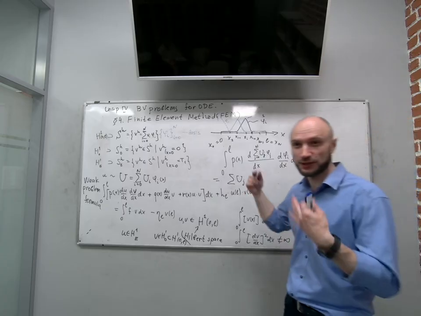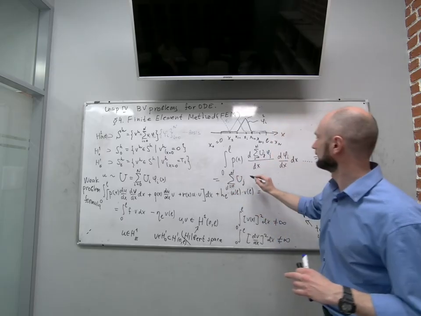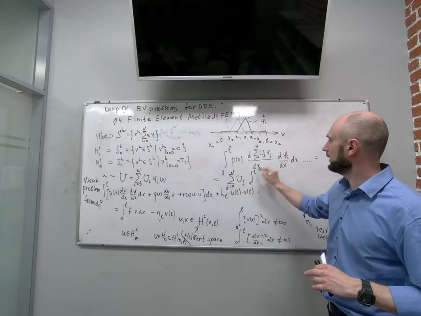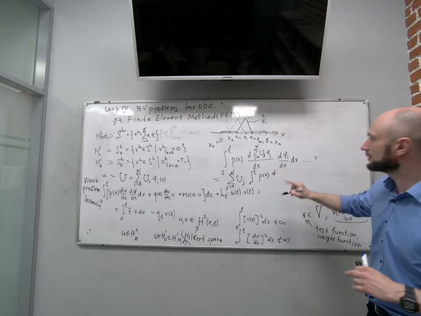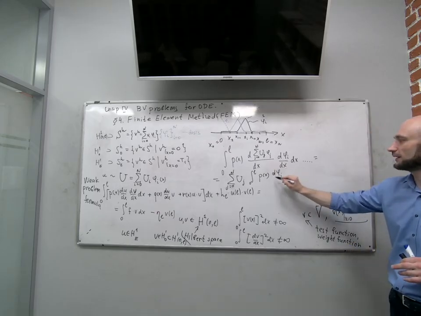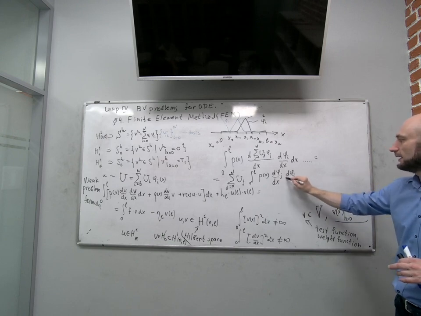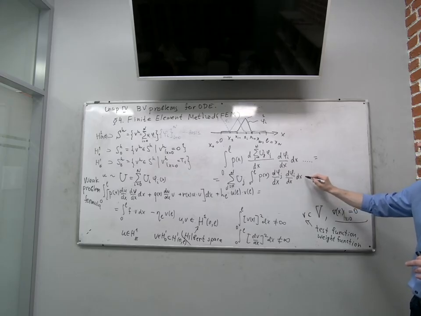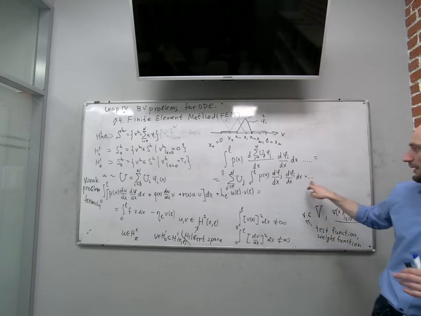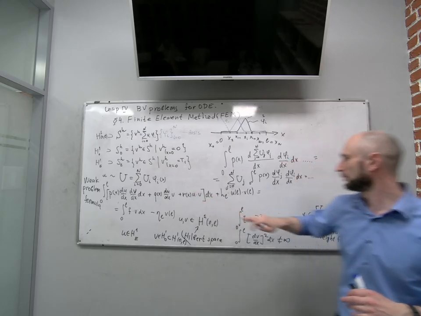These coefficients are just numbers. Sum over j from 0 to n, integral from 0 to L, p of x. And here in the integral I only have, what do I have? d phi j by dx, d phi i by dx, dx, plus and so on. By and so on, I mean this tail.